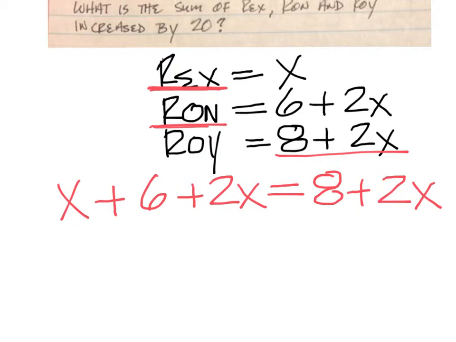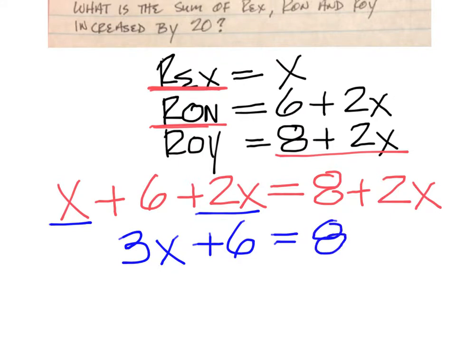Anytime you have more than one x on any side, you should combine them together. We have an x and a 2x on the left-hand side. How many x's does that make? 3. So 3x, and don't forget the 6 that's still there, and everything else goes where it was at. Now you have it in a form that we have solved over and over again.